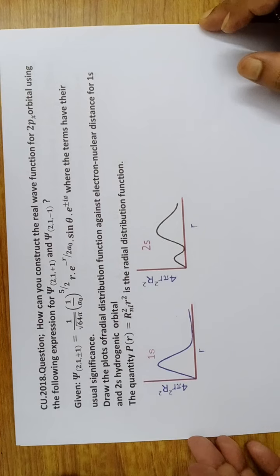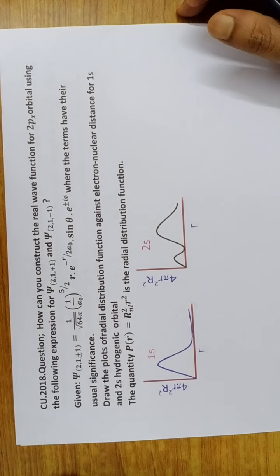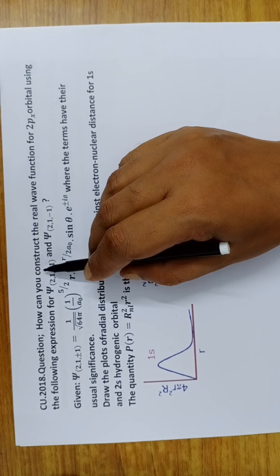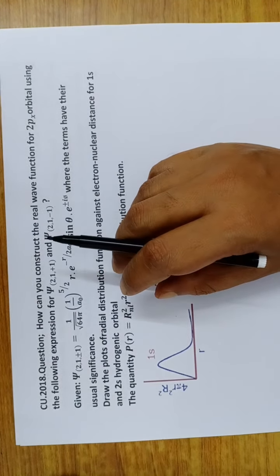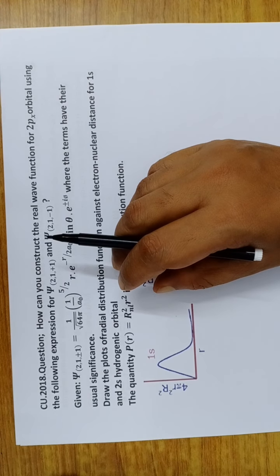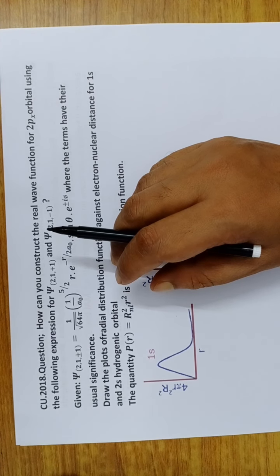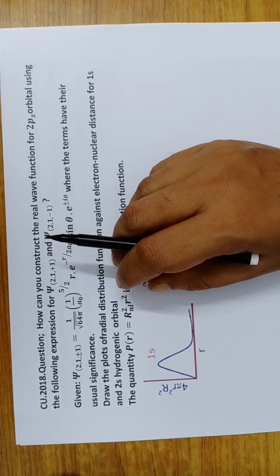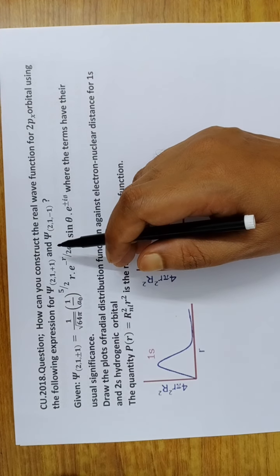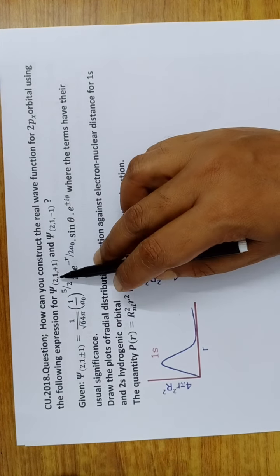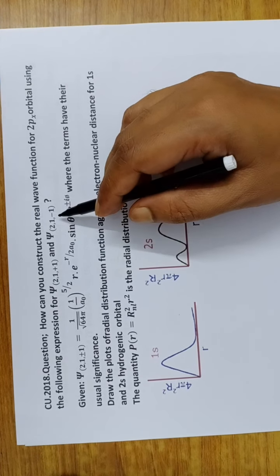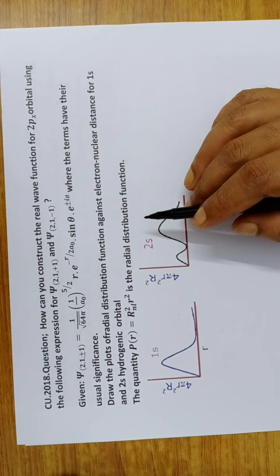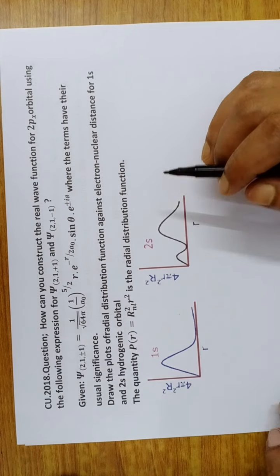Now what happened here? There is another question. In this question, how can you construct the real wave function for the 2px orbital using the following expressions for psi 2 1 plus 1 and psi 2 1 minus 1. There is a given wave function also. Now how can we solve this?